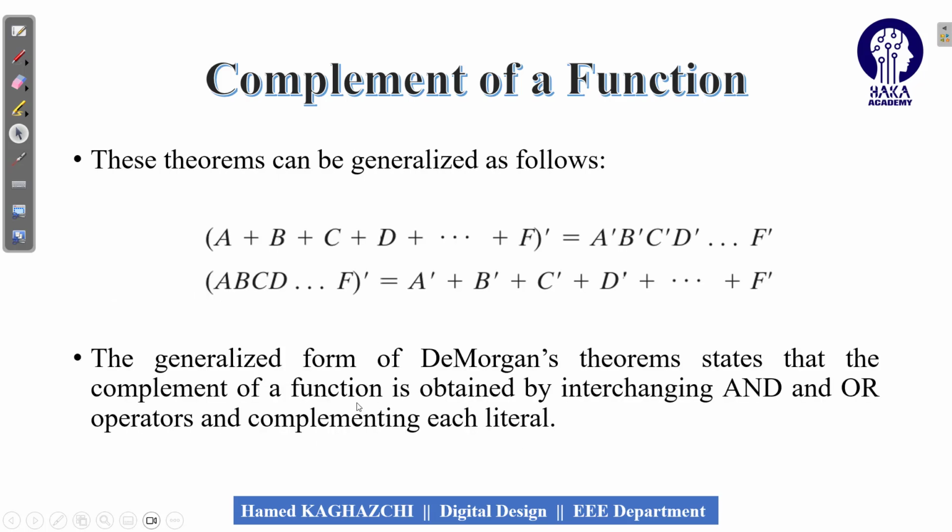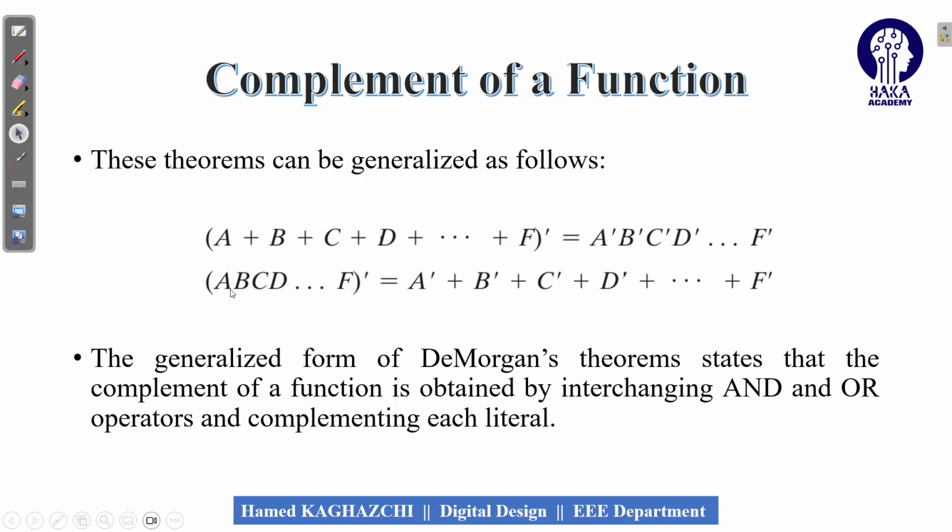So similarly, for n different variables which are ORed together, if I want to complement all of them, I apply this complement into the parentheses, and A is converted to A prime, B converted to B prime, C converted to C prime, up to the end, and ORs are converted to ANDs, you can see here.